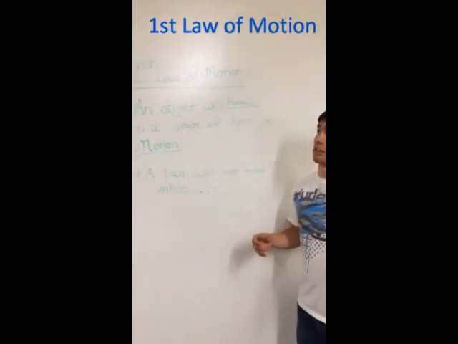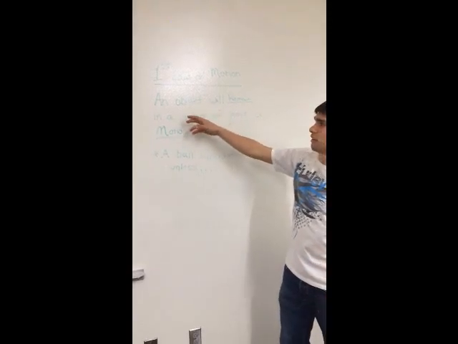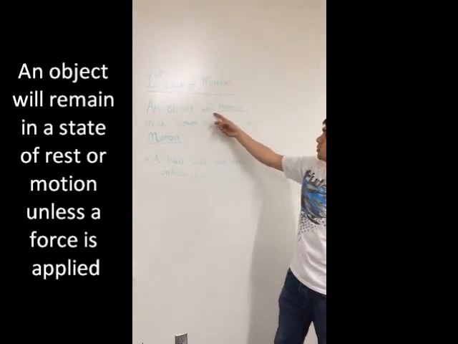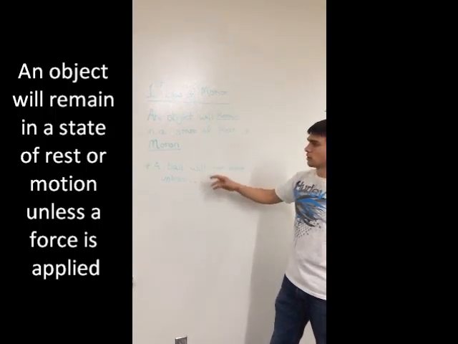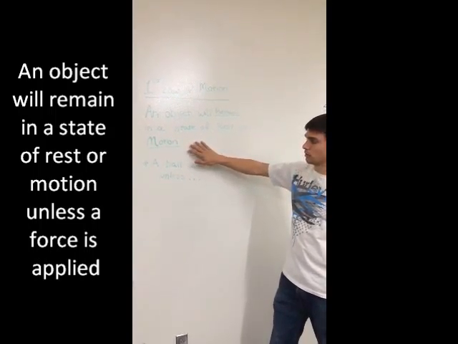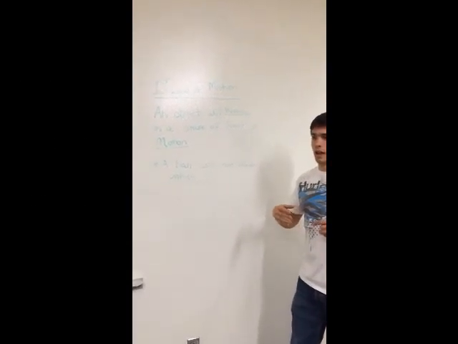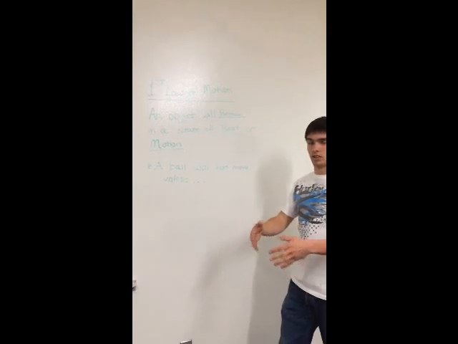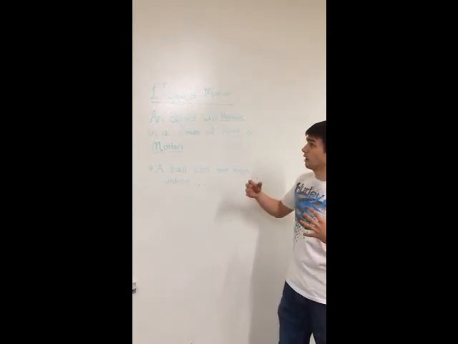So starting with the 3 laws of motion, the first law of motion is simply defined as: an object will remain in a state of rest or motion. To put that into terms, if we lay a ball on the ground and it just stays there, it's not going to move unless something else happens to it, a force is applied.